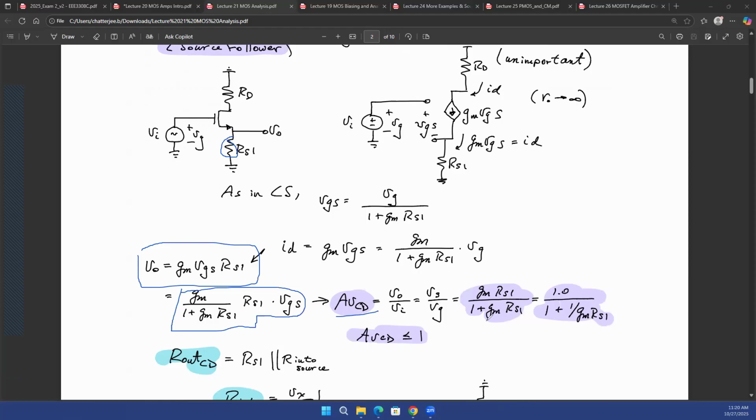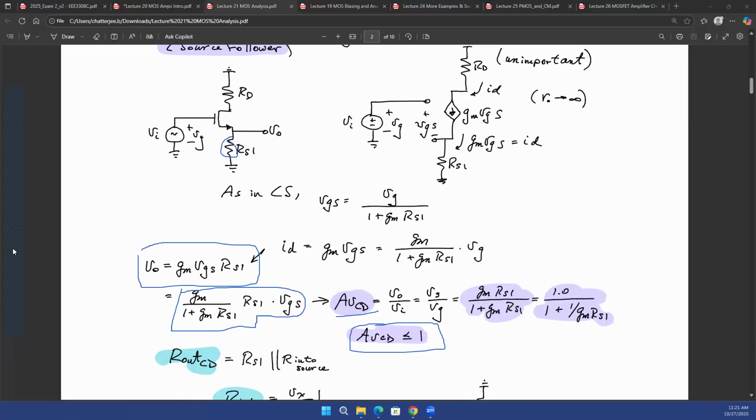And GMRS divided by 1 plus GMRS, if your GMRS is much larger than 1, you'll see that this voltage gain will be almost equal to 1. It will always be a little bit less than 1, but almost equal to 1. So that is a property of the source follower or the common drain configuration, that your overall voltage gain is going to be almost equal to 1 all the time.